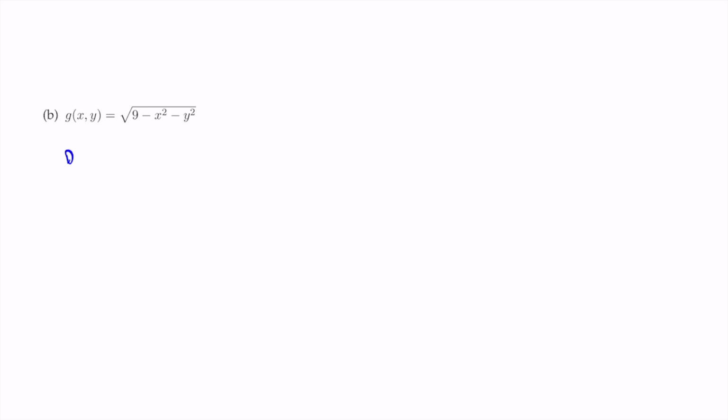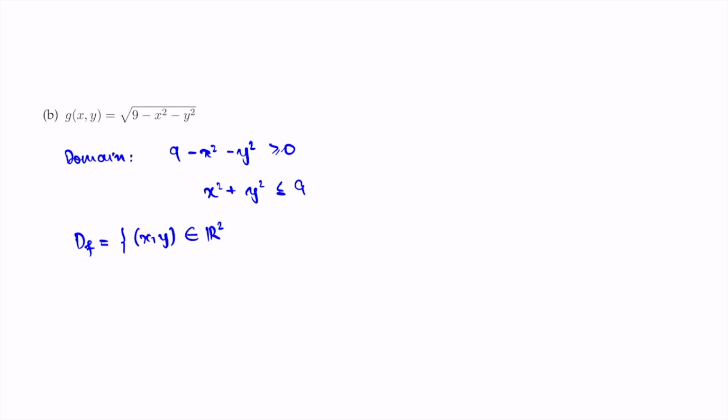So here, to find the domain of the function, you have that 9 minus x squared minus y squared is greater than or equal to 0. And you're going to solve for x squared plus y squared. That is, x squared plus y squared is going to be less than or equal to 9. So the domain of the function is equal to the set of all the points x, y in R2, such that x squared plus y squared is less than or equal to 9.